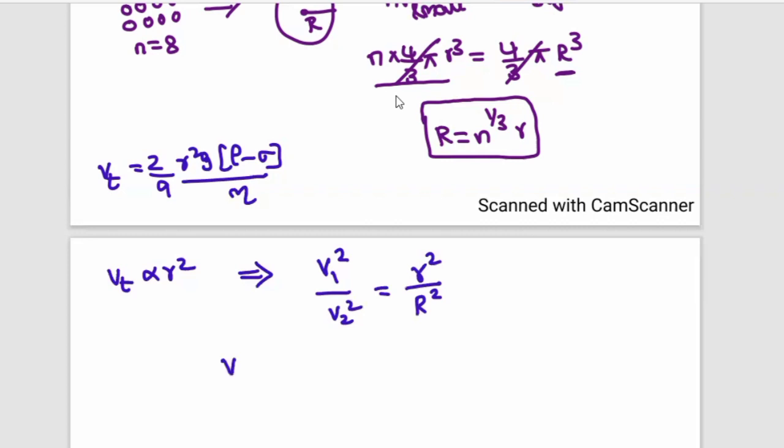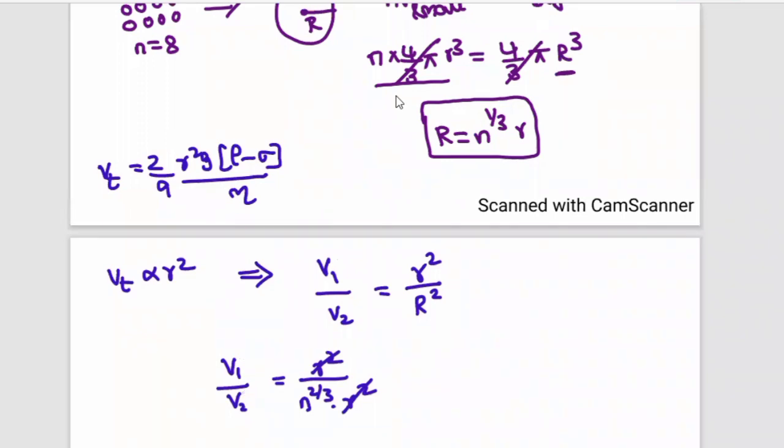If you substitute R equal to n power 1/3 times r, you get n power of 2/3, and small r square gets cancelled. So v is directly proportional to r square.